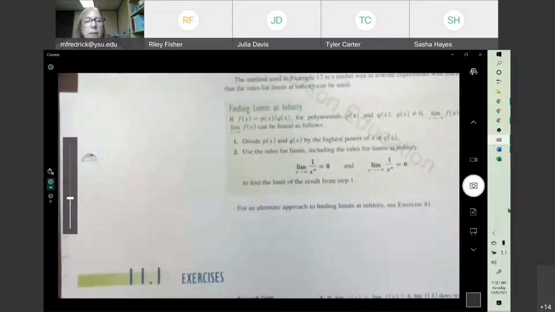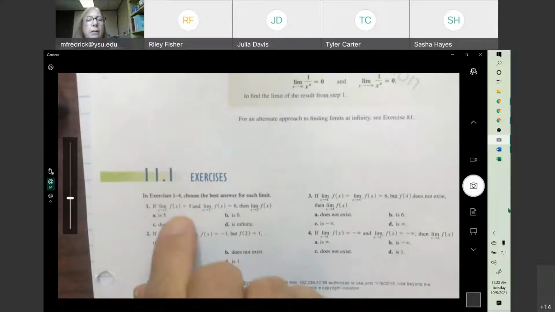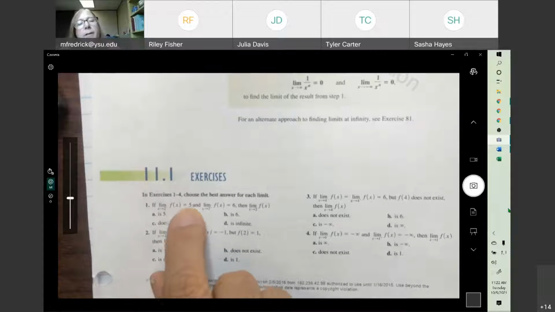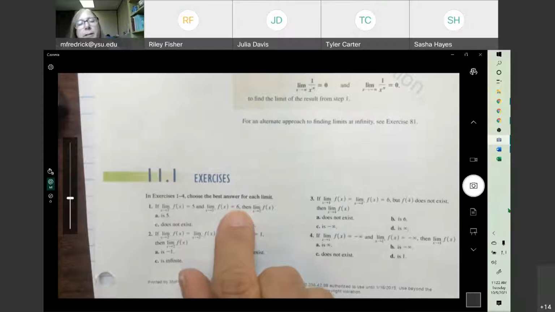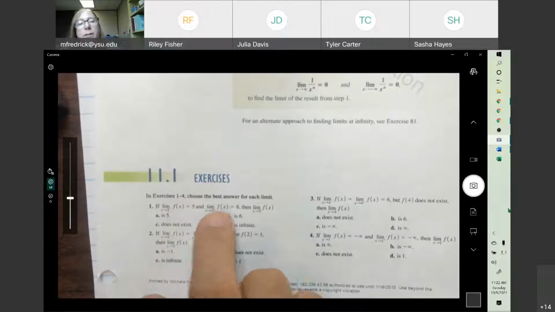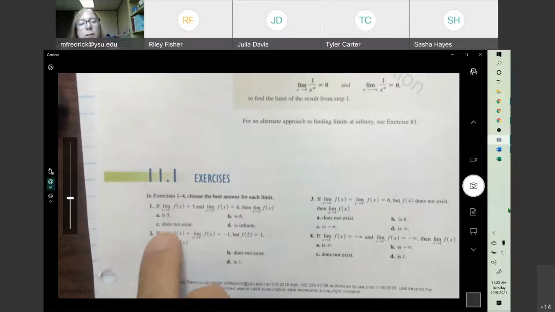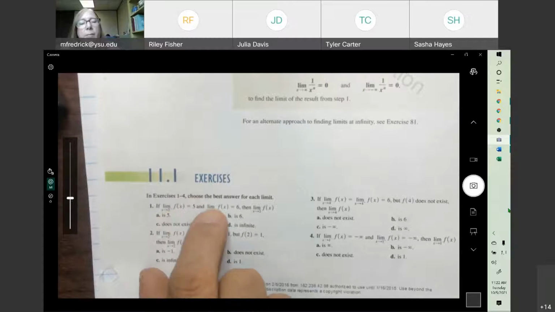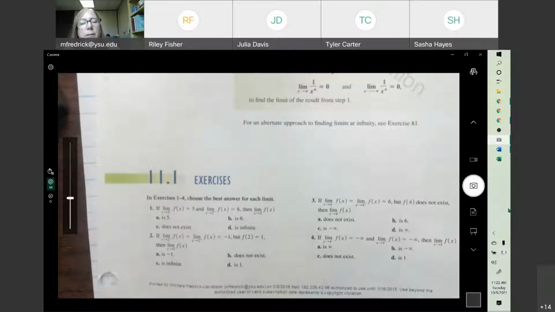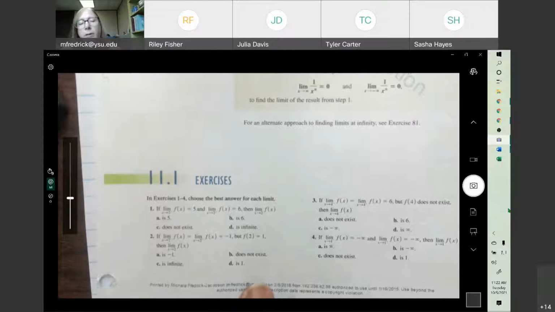If the limit as x approaches 2 from the left is 5 and from the right is 6, they want us to find the limit at 2. Now, because these two are not equal, this one doesn't exist. So they have to both be equal or it doesn't exist. Any questions on that?